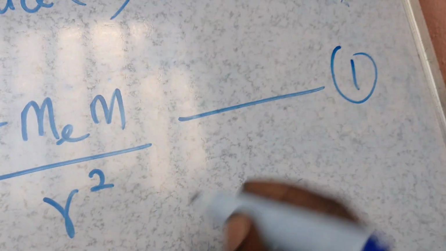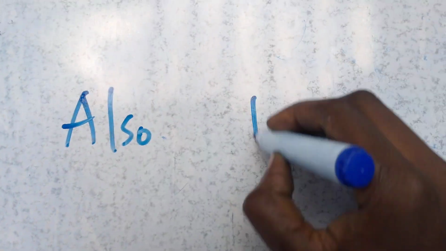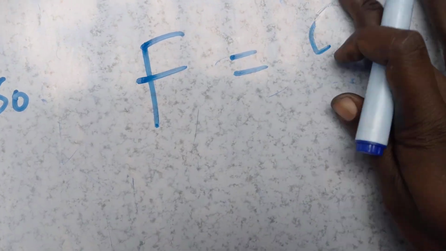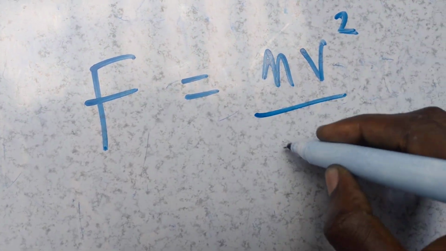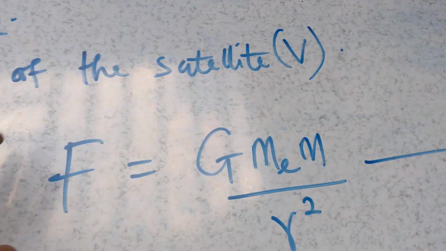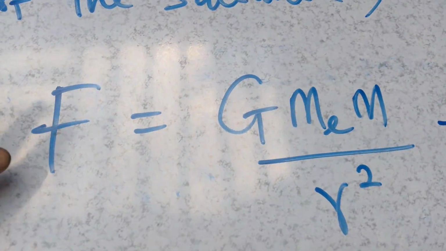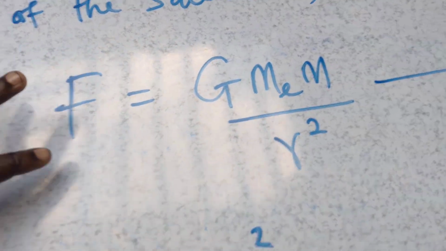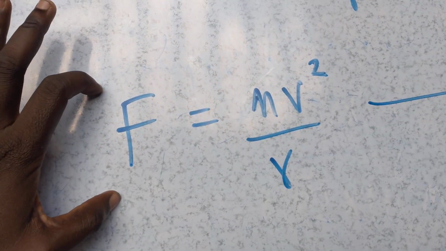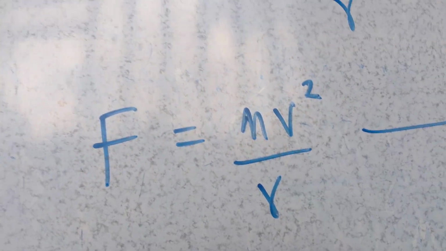Call this 1. Also, F is m v squared over R. Call this 2. This one is the magnitude of the gravitational force from Newton's law of universal gravitation, and this one is the centripetal force. Centripetal force is mass times velocity squared divided by the radius.